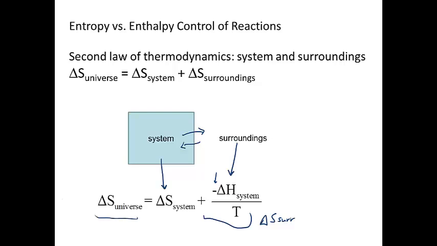So let's look at an example of this. Let's calculate the entropy change for the universe for this particular system here. We have delta S tabulated here for the reaction, and we have delta H tabulated for the reaction.